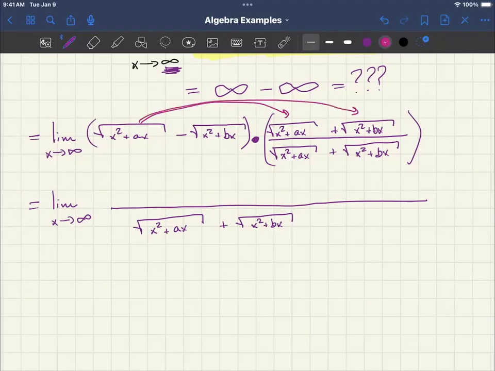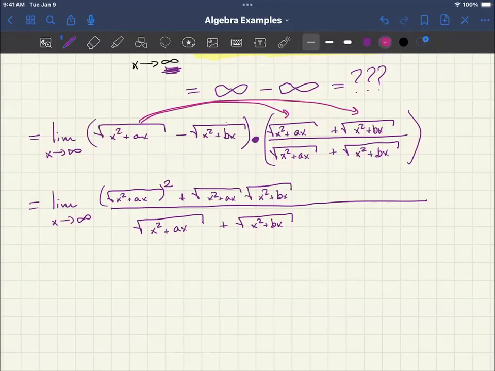We're going to do this with a slow method so that we can make sure that we get everything. So we've got the square root of x squared plus ax times the square root of x squared plus ax, so that thing is going to be squared. And then plus the square root of x squared plus ax times the square root of x squared plus bx.